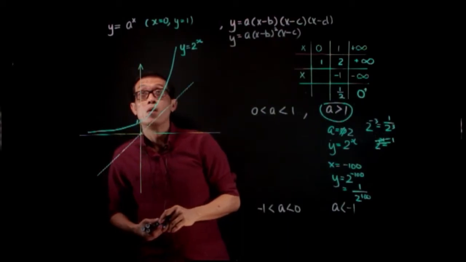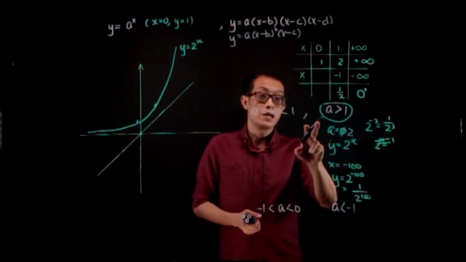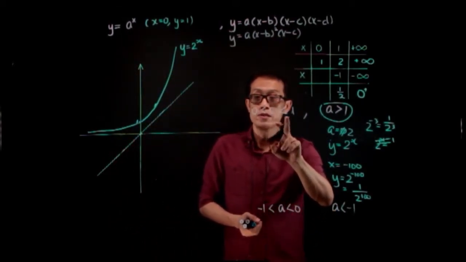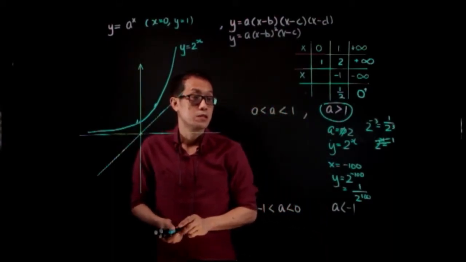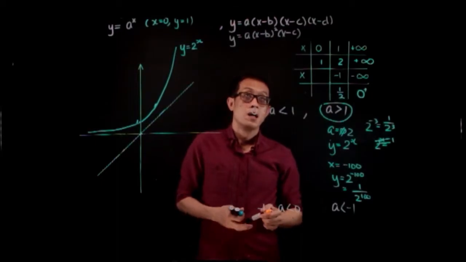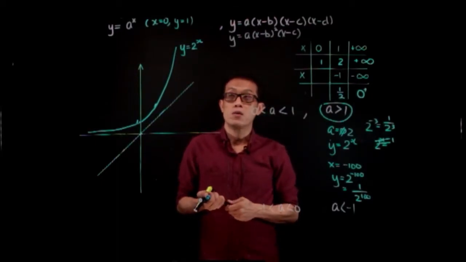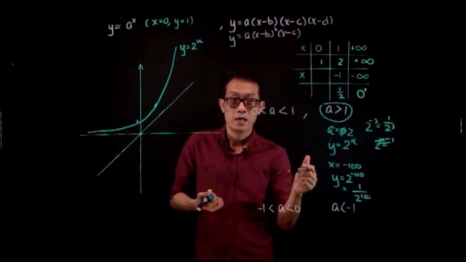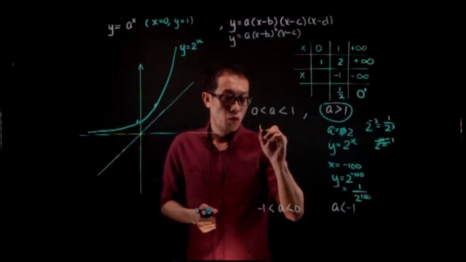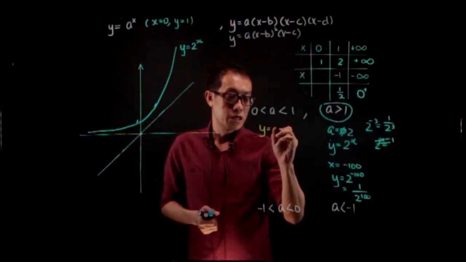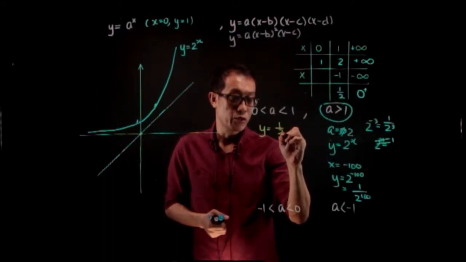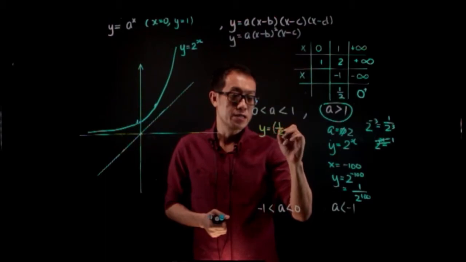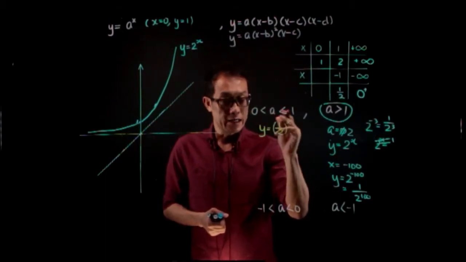Now, what happens if a is between 0 and 1? Let's say we have a number, half, instead of 2. Let's take the example that a is half.